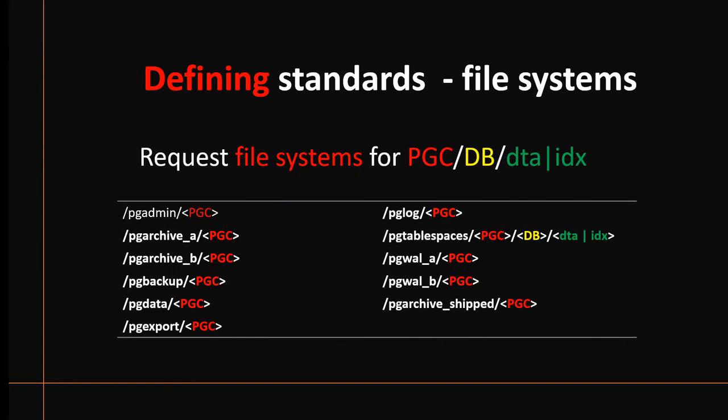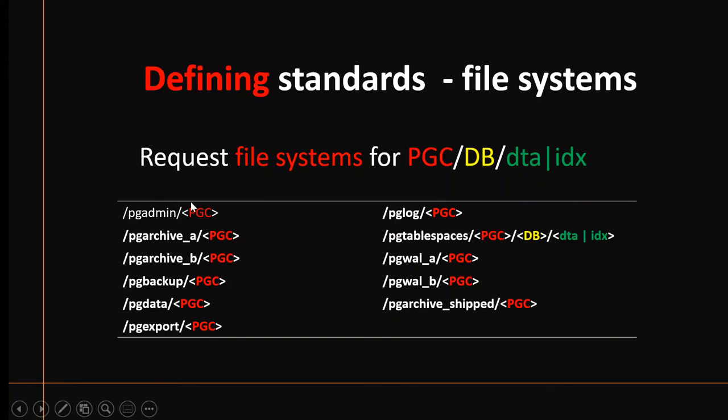So for instance, backups, we want to separate our backups physically from the data directory. So basically we always have these 11 file systems on a server.